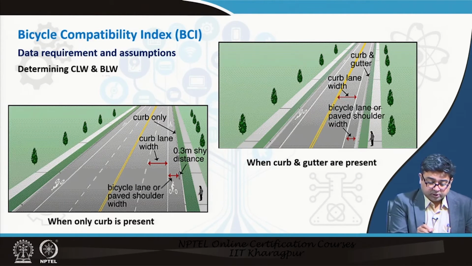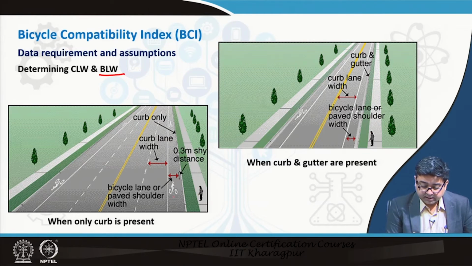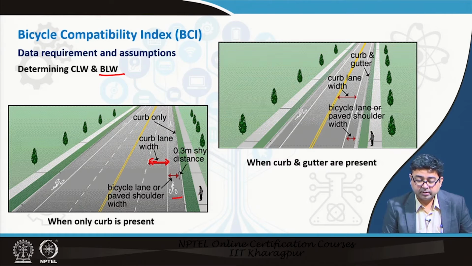We also want to determine, in the presence of a bicycle lane, the curb lane width. If there is a bicycle lane present, then the curb lane width would be the width from the bicycle lane to the lane demarcation here.